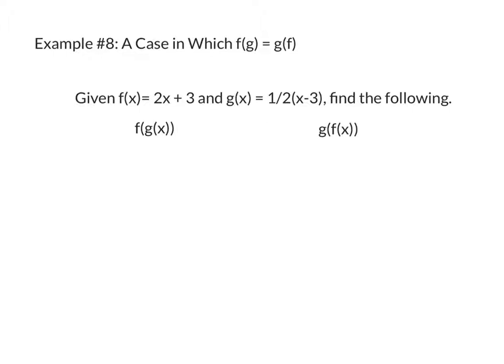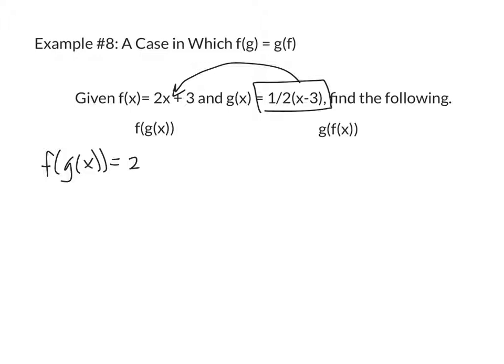All right, example 8. Given that f of x equals 2x plus 3 and g of x equals 1/2 x minus 3, find the following. To find f of g of x, we need to put g of x into f. So f of g of x is going to equal 2 times 1/2 x minus 3, and then plus 3.